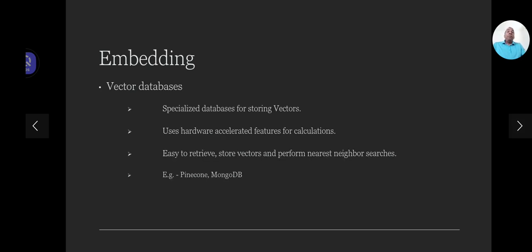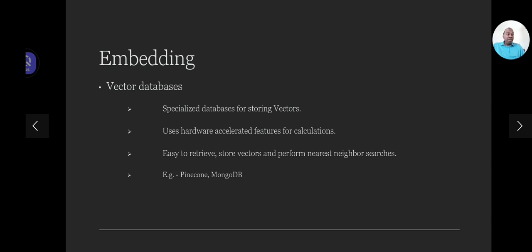Now, there are some specialized databases out there where you can save these vectors and do a nearest neighbor kind of search. The traditional databases like SQL Server and MongoDB are also starting to provide these functionalities.